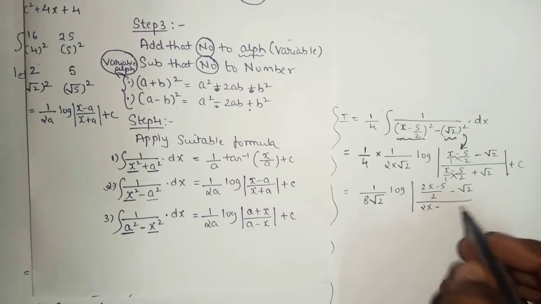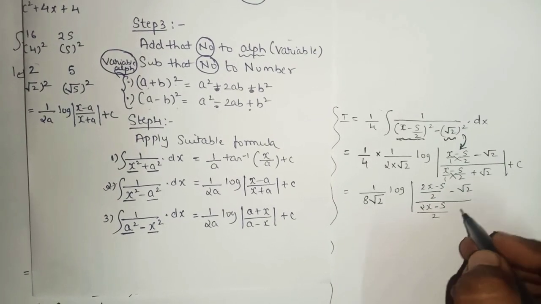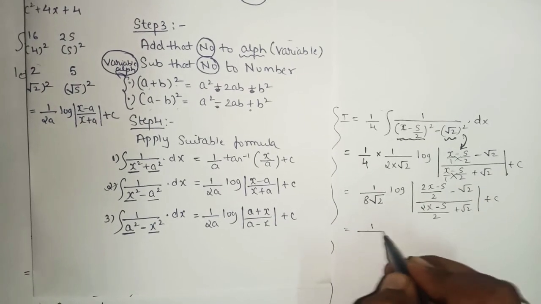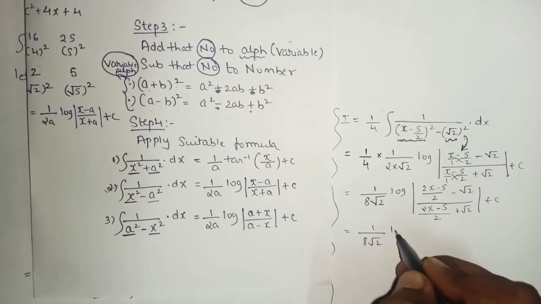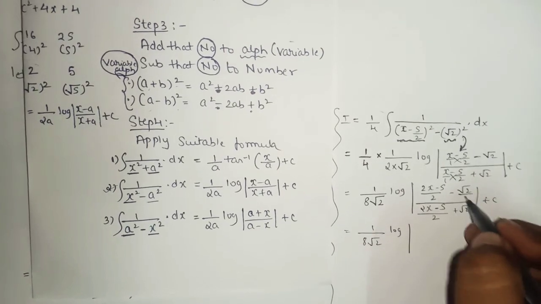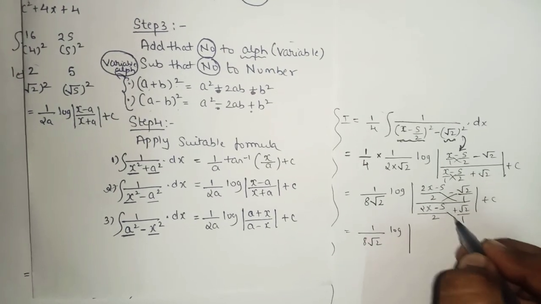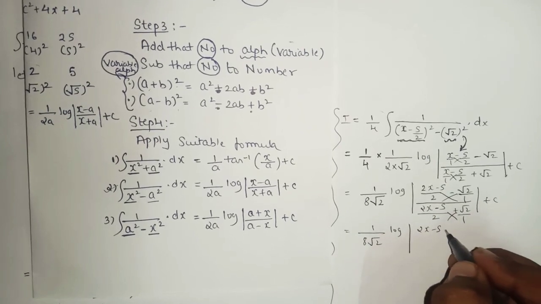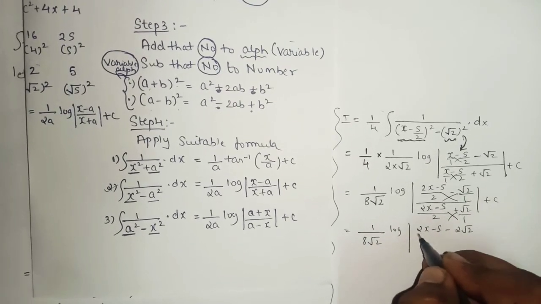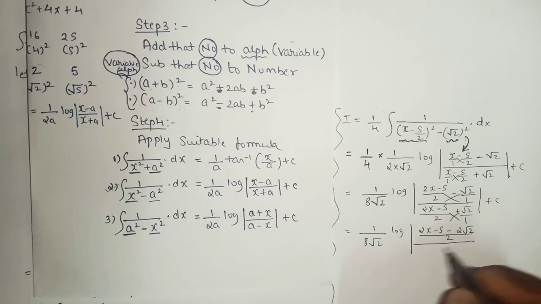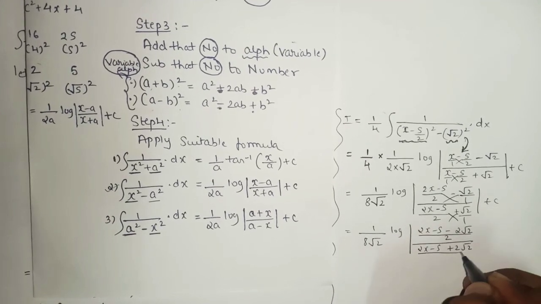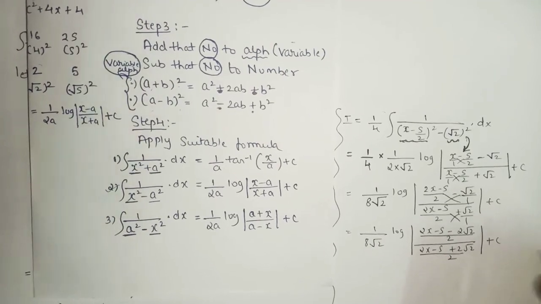So 2x, so this is 5 upon 2 plus root 2 mod plus c. 1 upon 8 root 2 will be the same as it is, log. Further, now we'll cross this section. So this 2 will go that side: 2x minus 5 minus 2 root 2 upon 2, 2x minus 5 plus 2 root 2 upon 2 mod c.